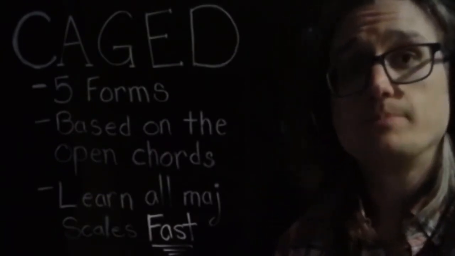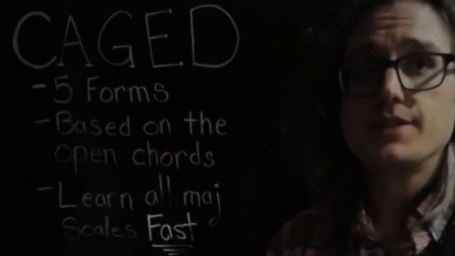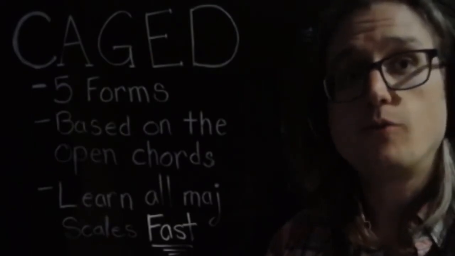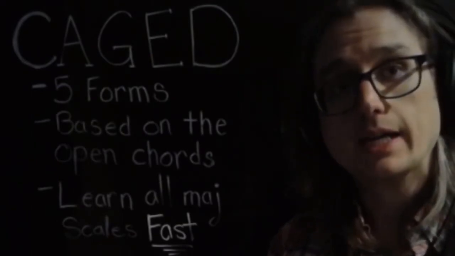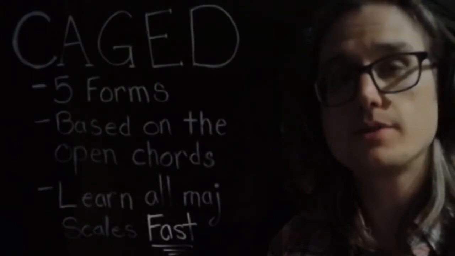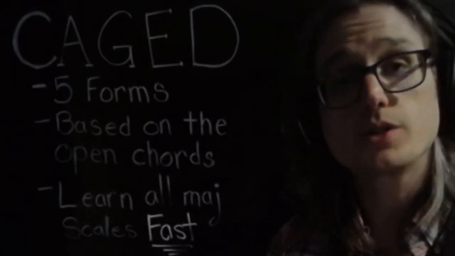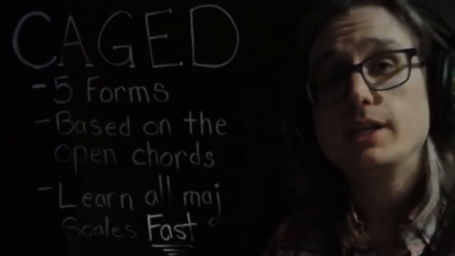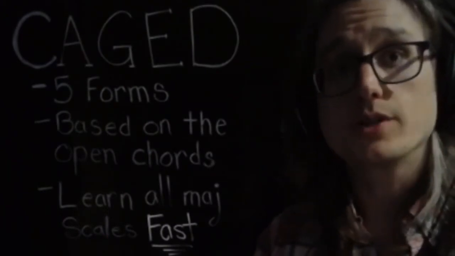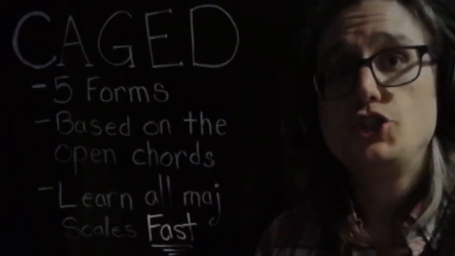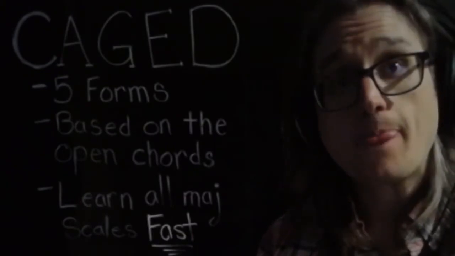The CAGED system is this idea of using 5 forms of chords, okay? We have these 5 forms, and the 5 forms themselves are based on chords that we already know. We know the open chords, C, A, G, E, and D, all right?